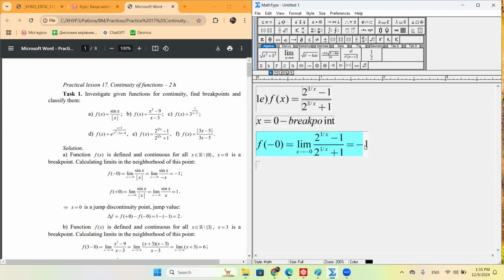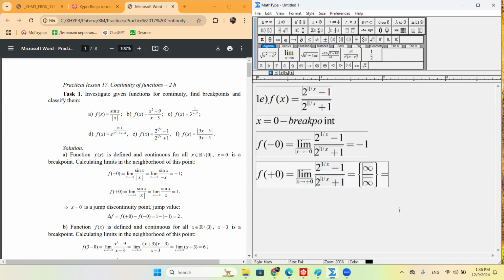And what about plus 0? Here we have an indeterminate form: plus infinity here and plus infinity here. So infinity by infinity, and we need to eliminate it.